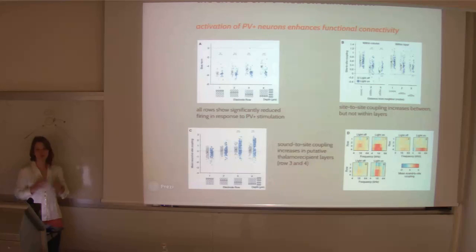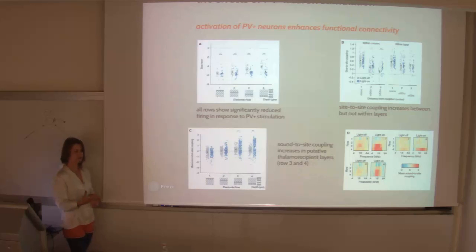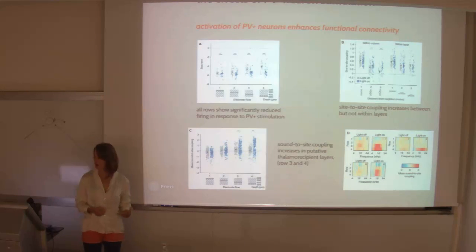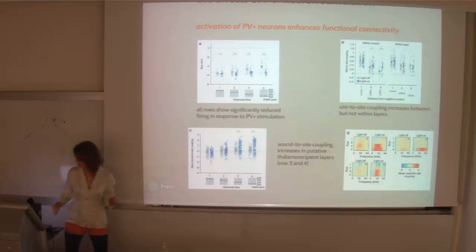Alright, so from that, it seems we can conclude that turning on inhibition, or turning on these PV plus neurons, enhances functional connectivity, especially within columns, but not so much within layers.